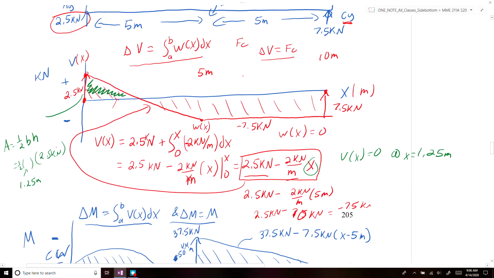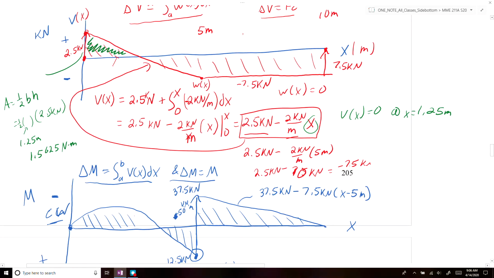If you did that, you'd end up getting 1.5625 kilonewton meters, which would be the height of this section here.